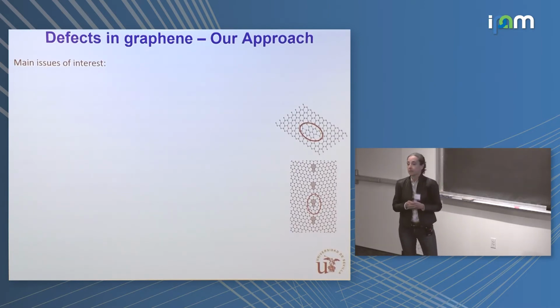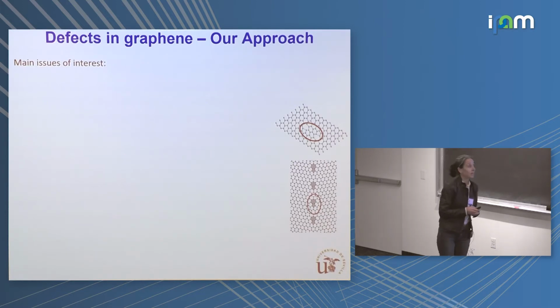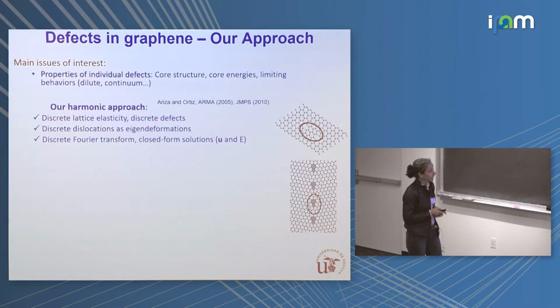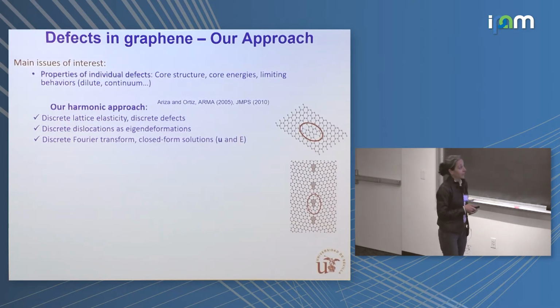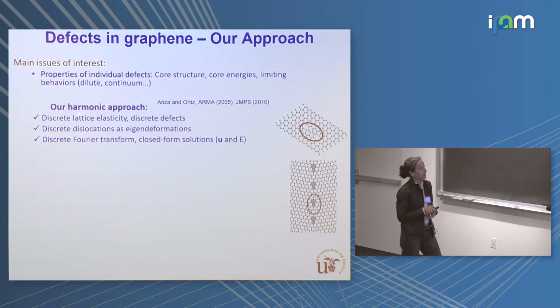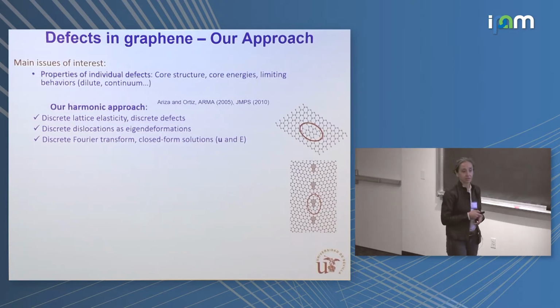Let me talk a little bit about our approach. How do we face this kind of analysis? We are able to study properties of individual defects. When I say individual defects, I mean core structures of dislocations, core energies, this kind of stuff. For that, we use our harmonic approach. We developed that approach in 2005, and the first paper on graphene was in 2010, so years ago.